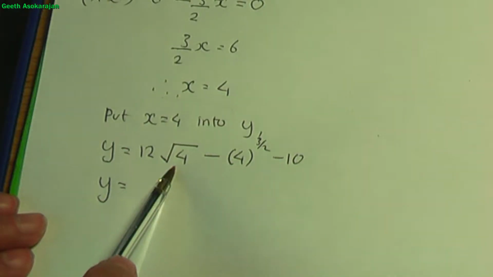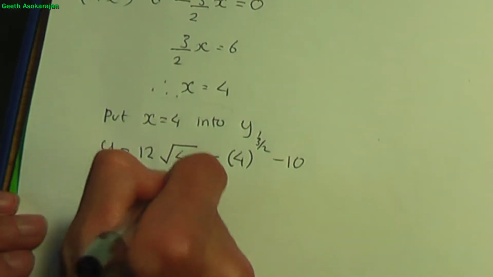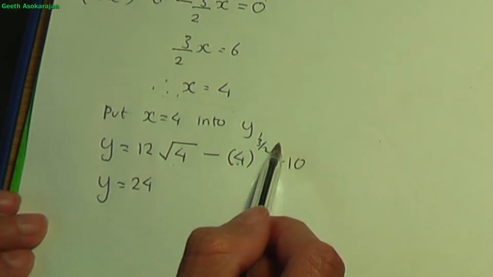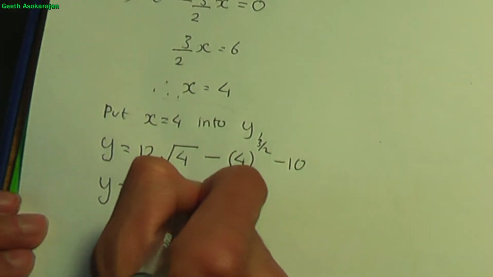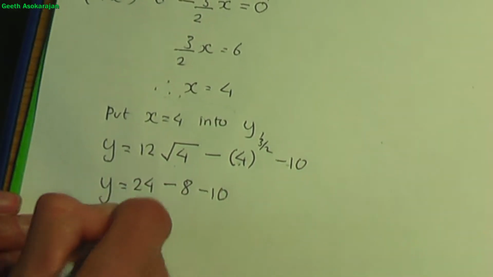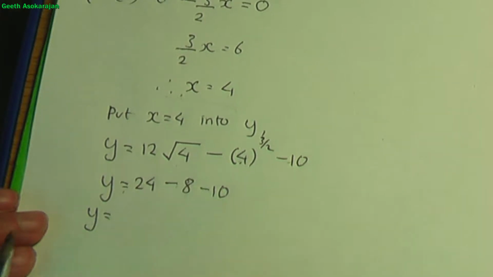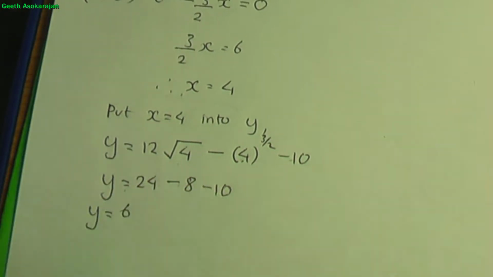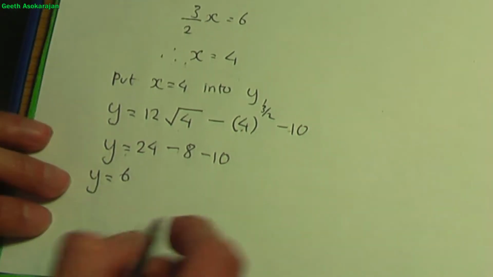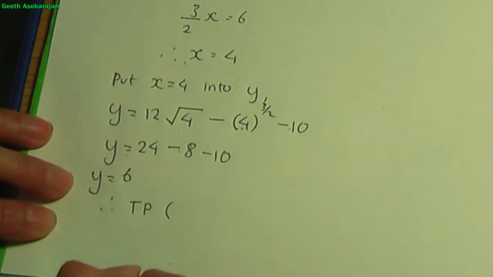Square root of 4 is 2. 2 times 12 is 24. 4 to the power 3 over 2, so that is 8. Minus the 10 at the end. And when I simplify further, 24 minus 8 minus 10, that is 6. So the corresponding y coordinate is 6. So therefore, the turning point will have coordinates.